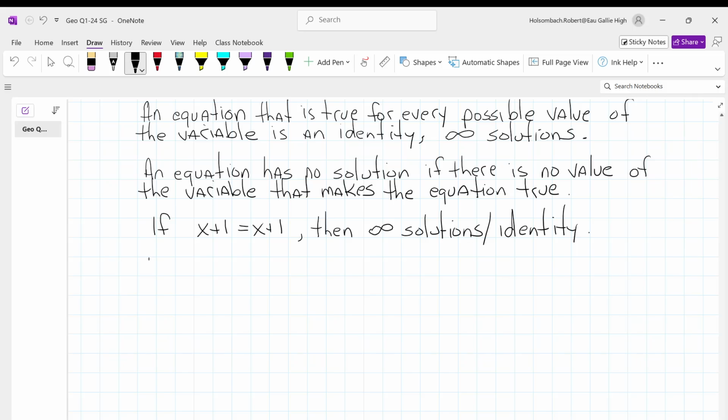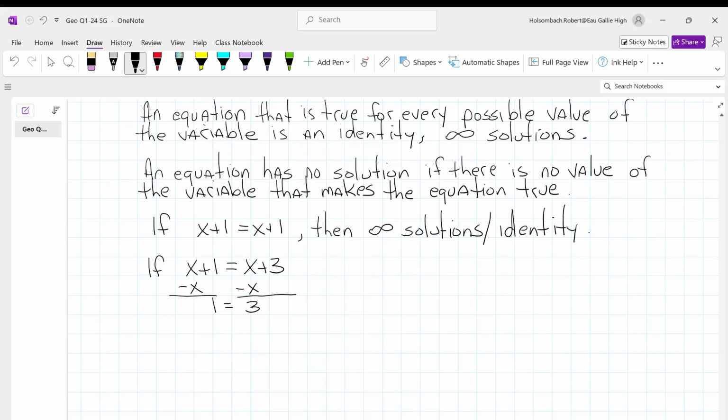If you get to the point in a problem where x plus 1 is equal to x plus 3, look at this problem here. If you were to subtract x from each side, look what happens. You get 1 is equal to 3, right?